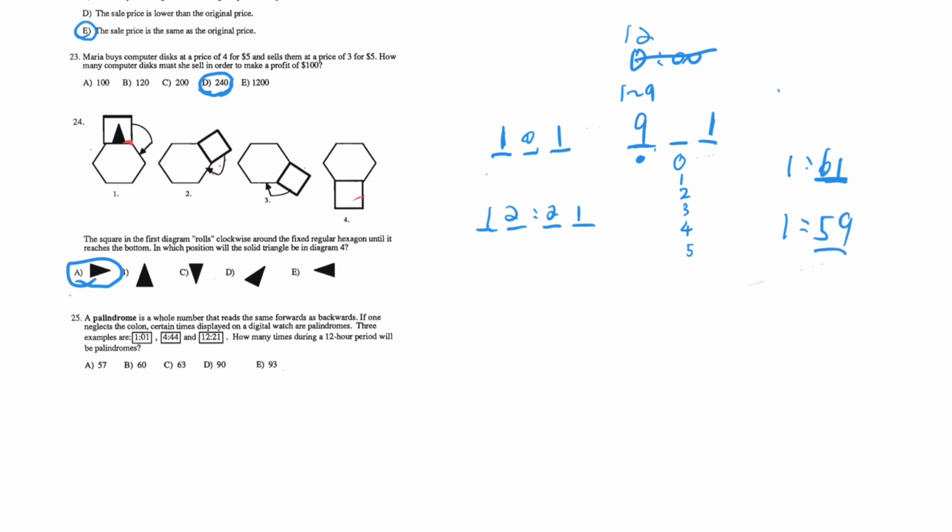So we have 6 choices. Total is 9 choices times 6 choices, 54.